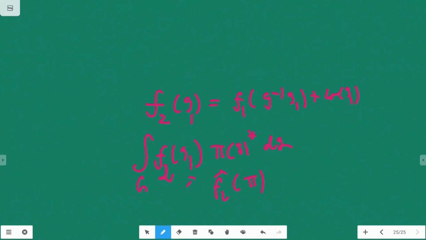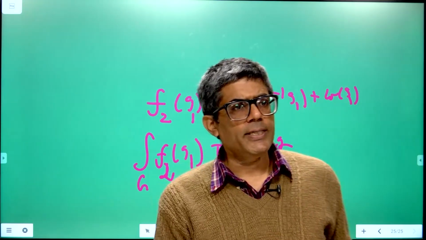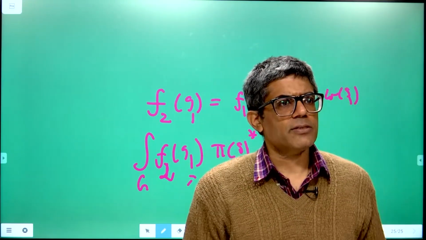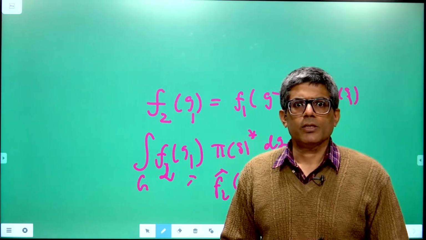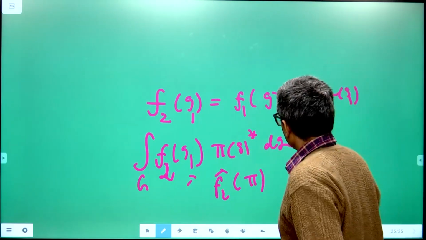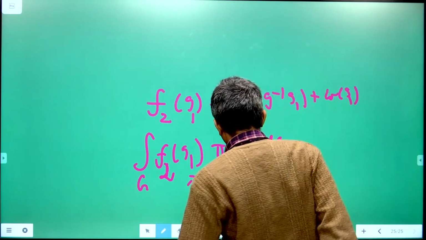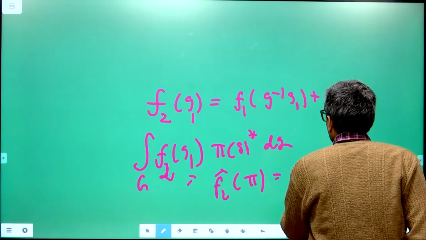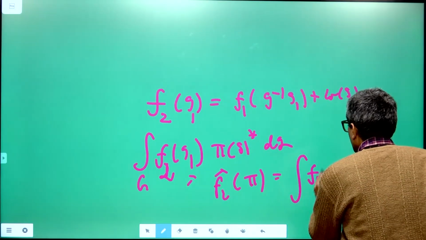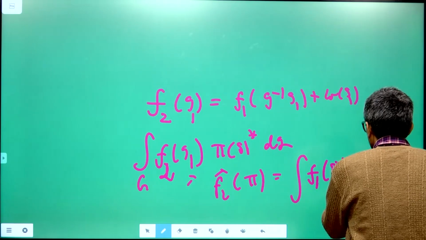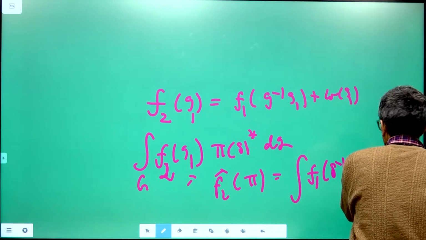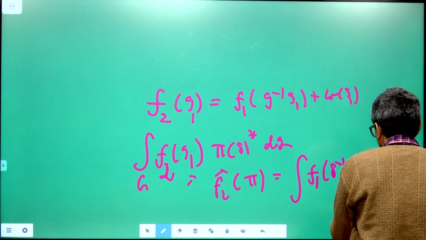So it is enough to choose irreducible representations, because as we saw in the Peter-Weil theorem, any representation can be written as the direct sum of irreducibles. If you apply the group theoretic Fourier transform to this side, what do you get? The integral of F1 of G inverse G1 multiplied by pi of G1 star dG1. What will this give you?